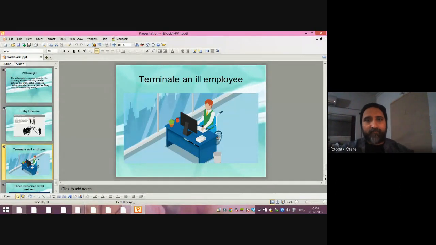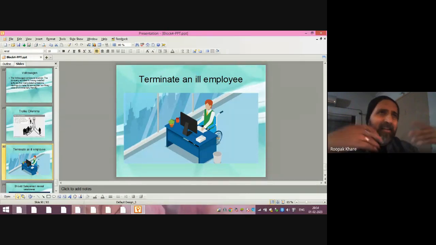Another ill practice is to terminate employees who are ill. There have been campaigns the world over to help HIV positive people, people suffering from AIDS. Once people around them, companies, superiors, get to know that a person is HIV positive or is suffering from AIDS, he is often shown the door, often asked to leave the organization.